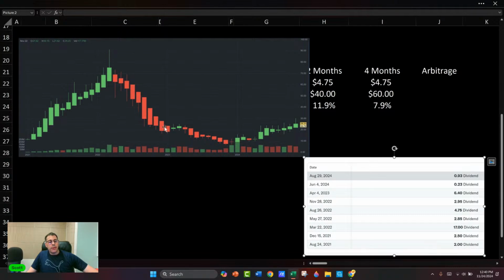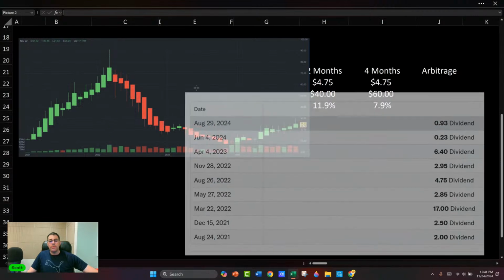And then there was a big sell-off pretty much all through 2022, starting in April 2022, a huge sell-off.